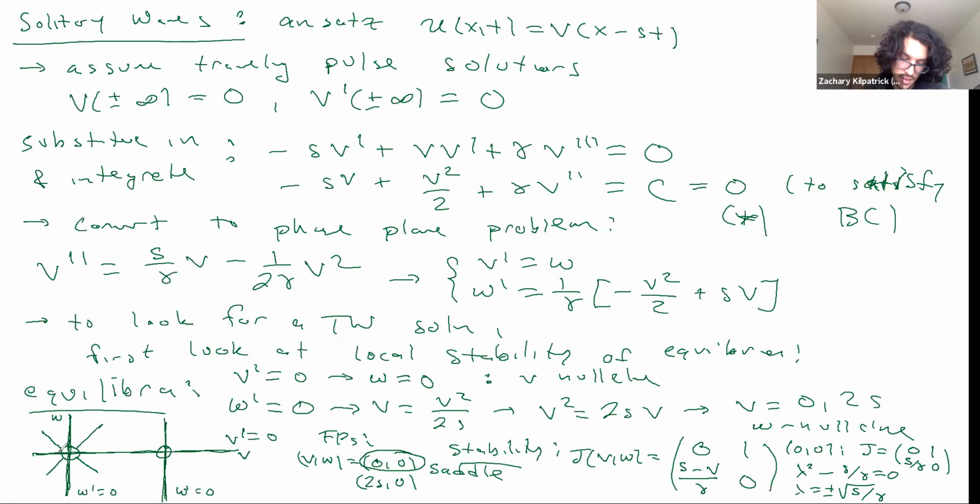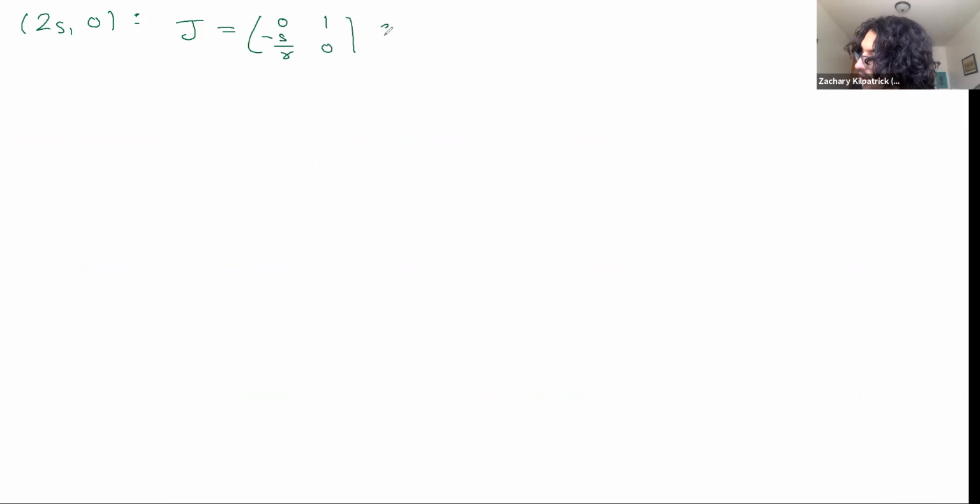Something like that, okay? So what about my other fixed point? Let's look at that. So my other fixed point is 2S, 0. In that case, J is equal to 0, 1, and then if I have S minus V in that case, I'm going to have minus S over gamma, 0, okay?